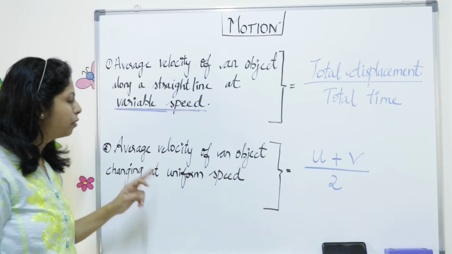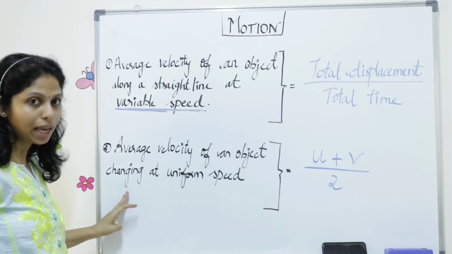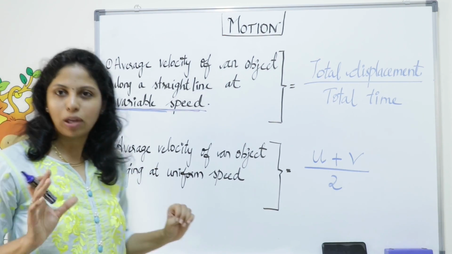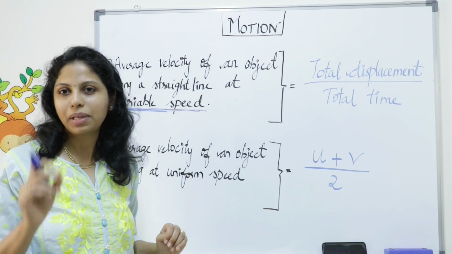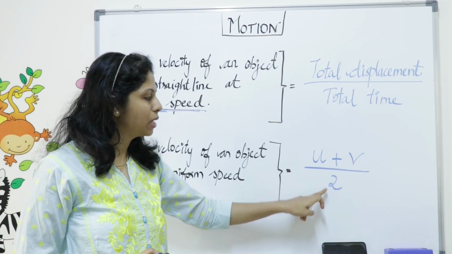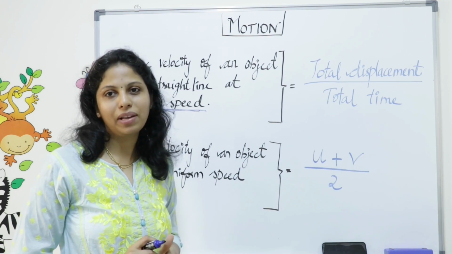Whereas the second formula is to calculate the average velocity of an object changing but at uniform speed, that is the velocity of the object changes, but it changes uniformly, and the formula is U plus V by 2, where U is the initial velocity, V is the final velocity.